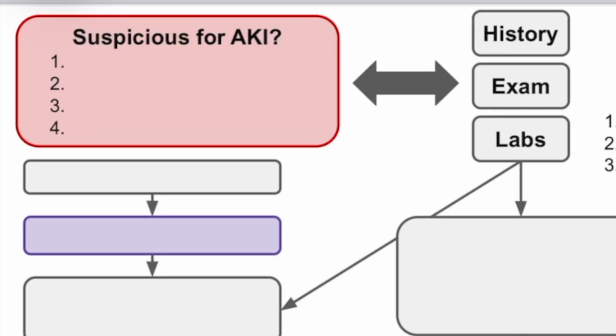You might become concerned about AKI due to certain lab abnormalities, or perhaps a history or physical might make you suspicious for AKI. Let's start with the pathway where an abnormal lab value makes you concerned. What are some of the lab values that might make you worried?